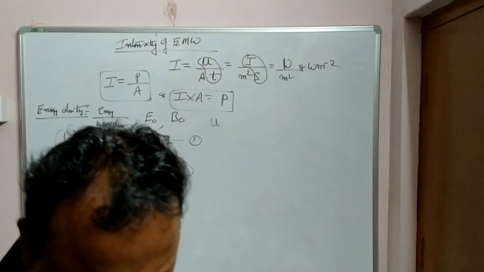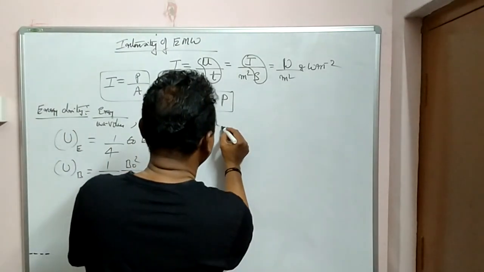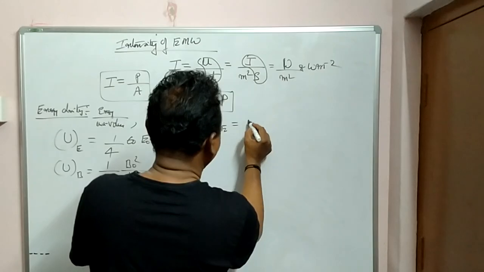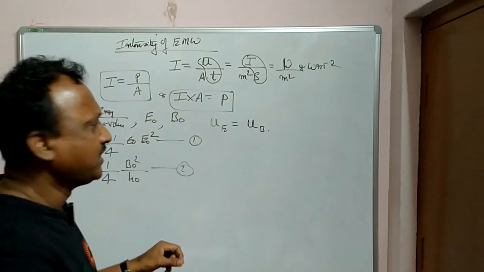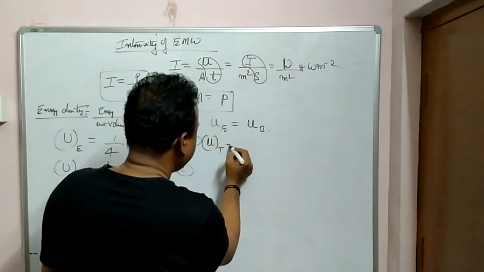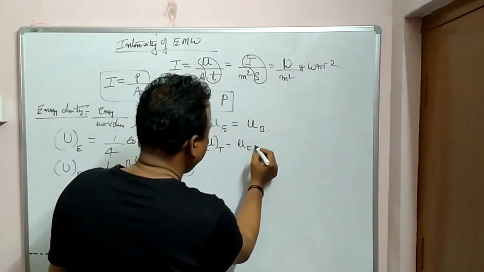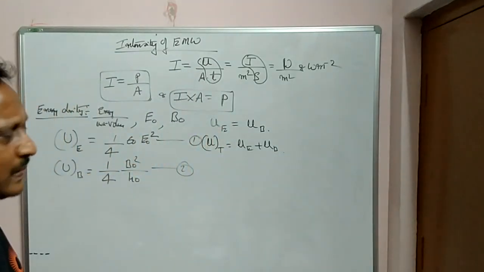So here, energy of the electric vector is almost equal to energy of the magnetic vector. Both energies are the same. So total energy is nothing but UE plus UB.